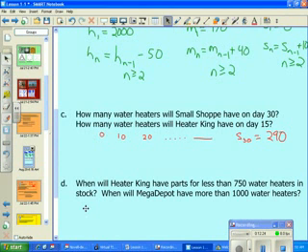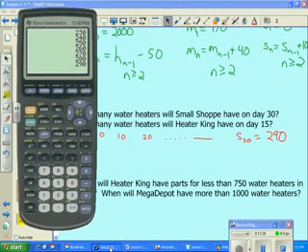Now we can do the exact same thing with the Heater King company. This time we'll start with 2000. So type in 2000 first. And now I want to subtract 50 every time. Now you do not have to go back and hit that answer key. If you're using one of the operations first, so for instance I'm going to be subtracting, it'll automatically put in that answer for me. So I'm going to subtract 50 and hit enter.